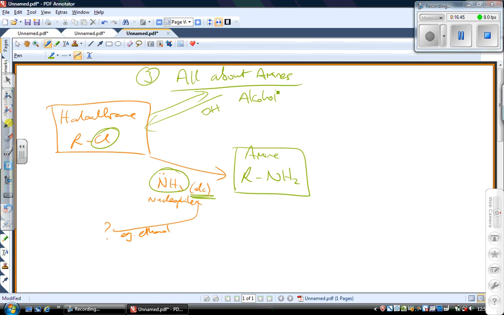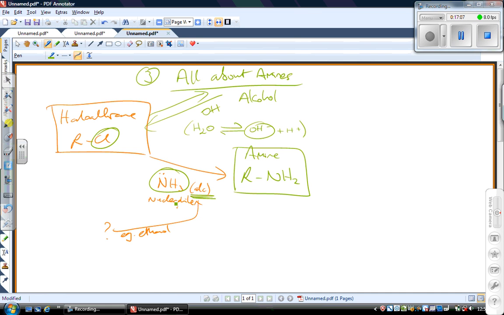So OH could be introduced if you used water as a solvent, because water is constantly in equilibrium with its 2 constituent ions, OH minus and H plus. So if you use water as a solvent, you're running the risk of returning the haloalkane to its parent alcohol, and that is not an amine, which is what you're interested in.